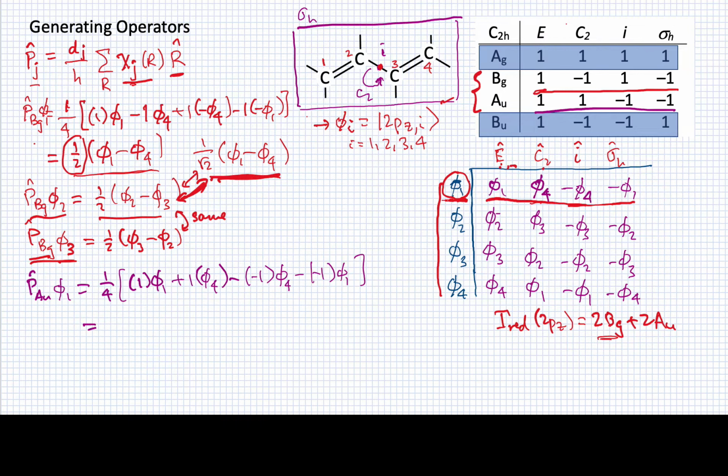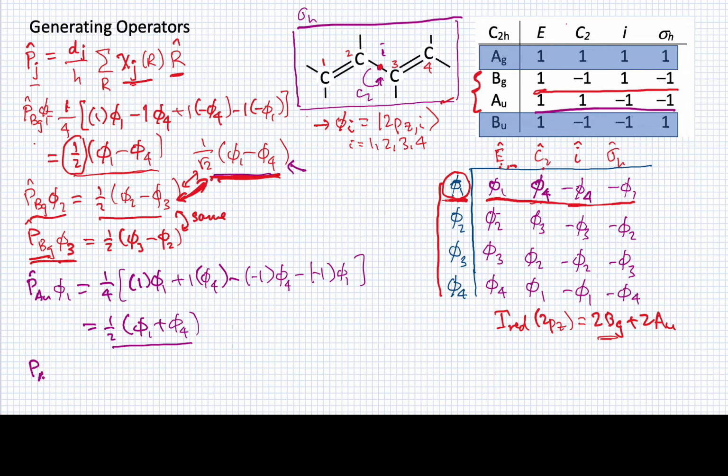So the net result of this is phi1 plus phi4. And you can see that it is, again, distinct from what we got here for BG. It involves the same two atomic orbitals, but it is a different symmetry-adapted linear combination.